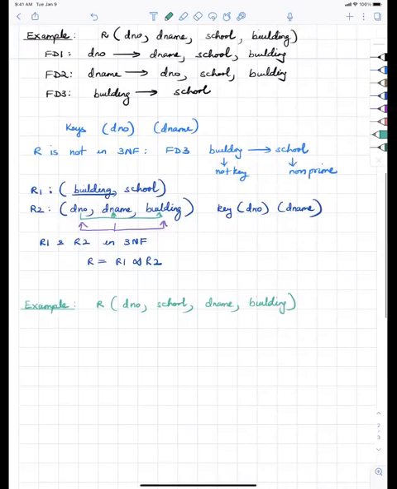And you have the following functional dependencies. You have FD1 that says D number and school determine D name and building. Which means that D number and school is the key. And then another, FD2, is that school determines building.